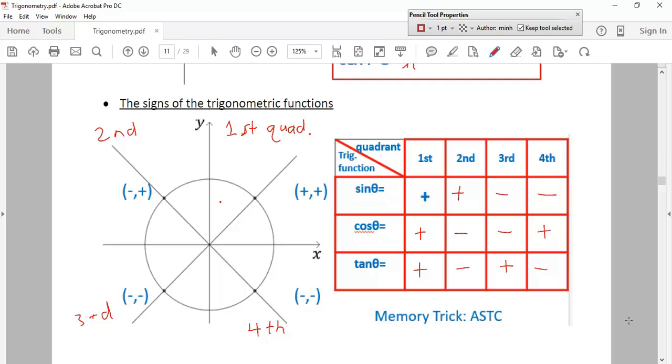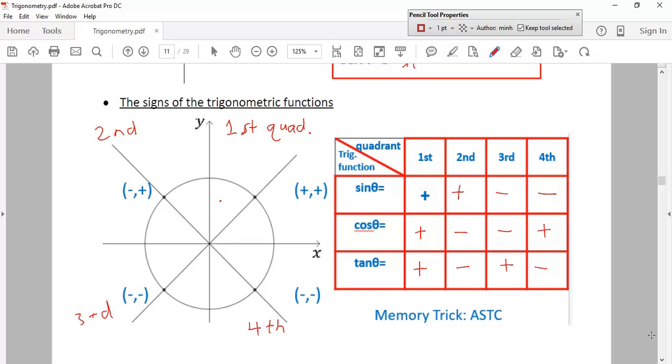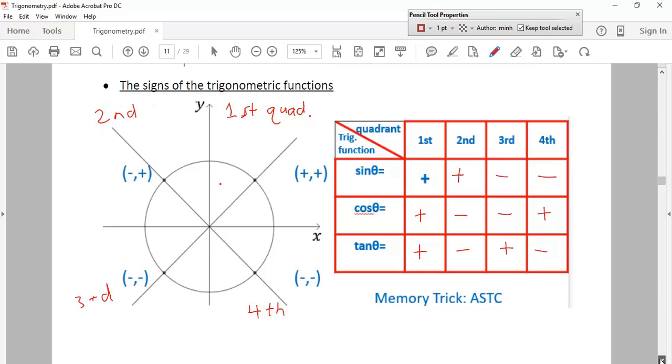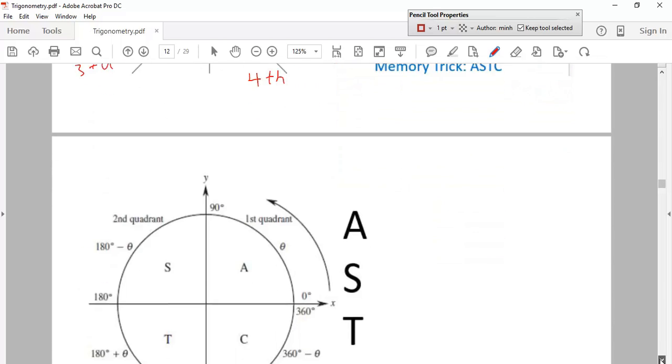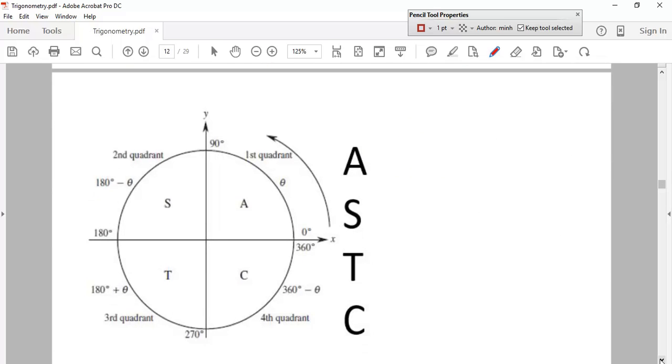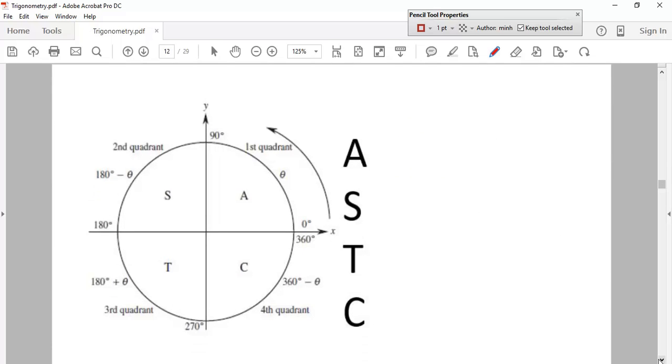Alright, so if you tested it out correctly, you would have found that sine is positive in the first two quadrants, cos was positive in the first and the fourth, and tan was positive in the first and the third. So these are important results, but there's a memory trick we can use to help us memorize this. So if we look at the quadrants, if you remember, in the first quadrant, everything was positive. So we're just going to write all positive.